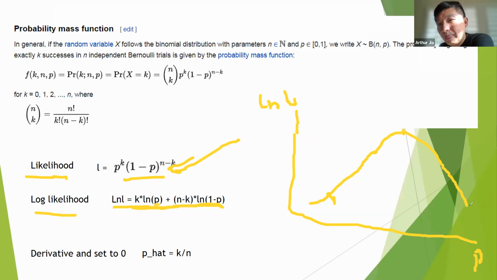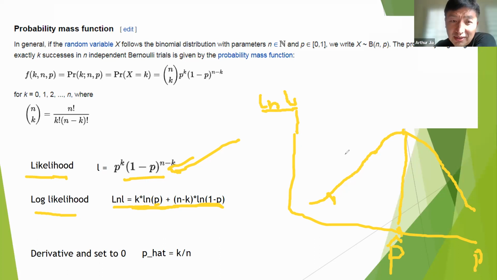Then we need to find the best p, the p hat, which is the best value for p that can maximize this curve, the log likelihood. This is what we have learned before, either in high school or in college math. The professors also talk about this. This is the basic strategy.